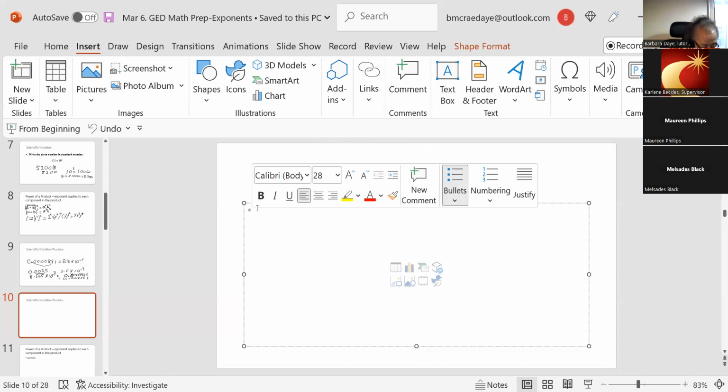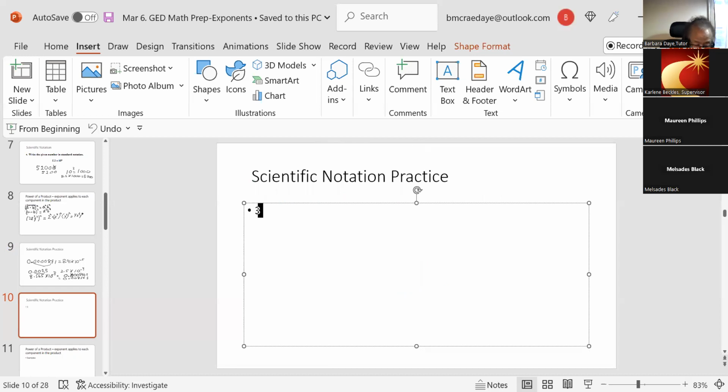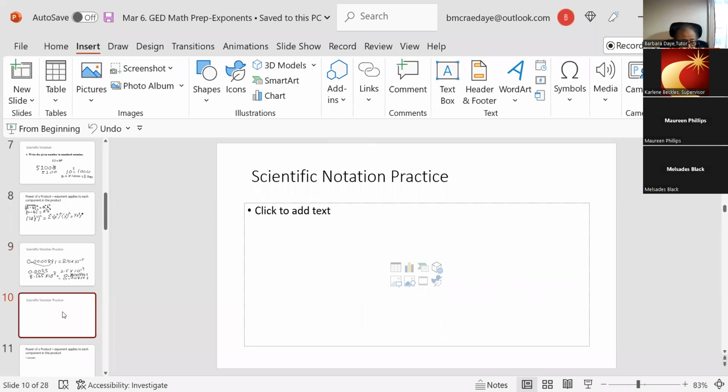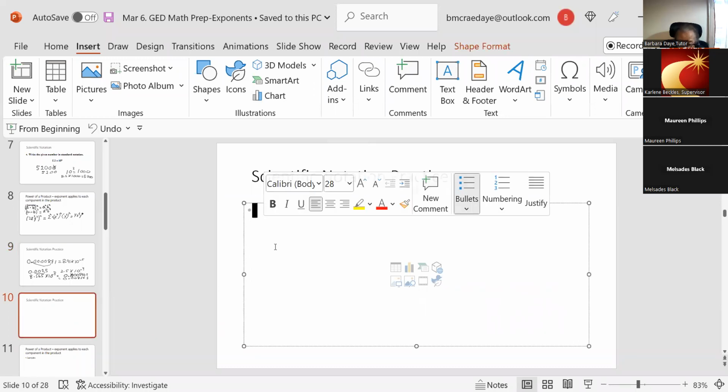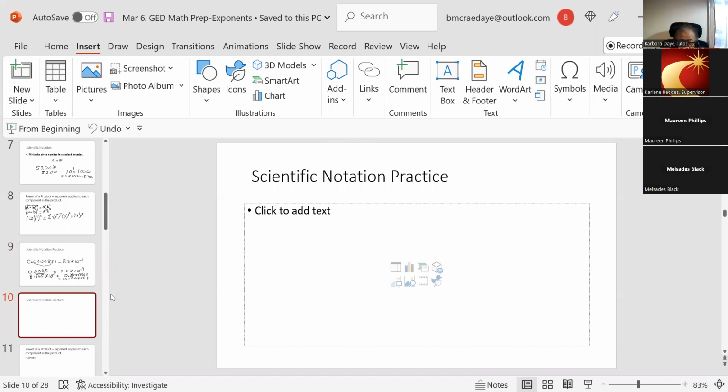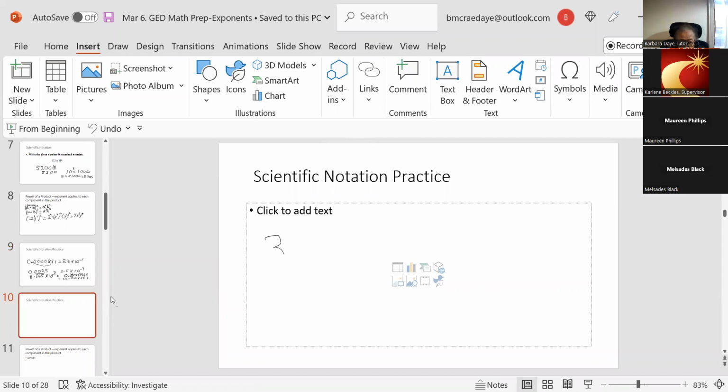You have 3.225 times 10 to the 4th power.